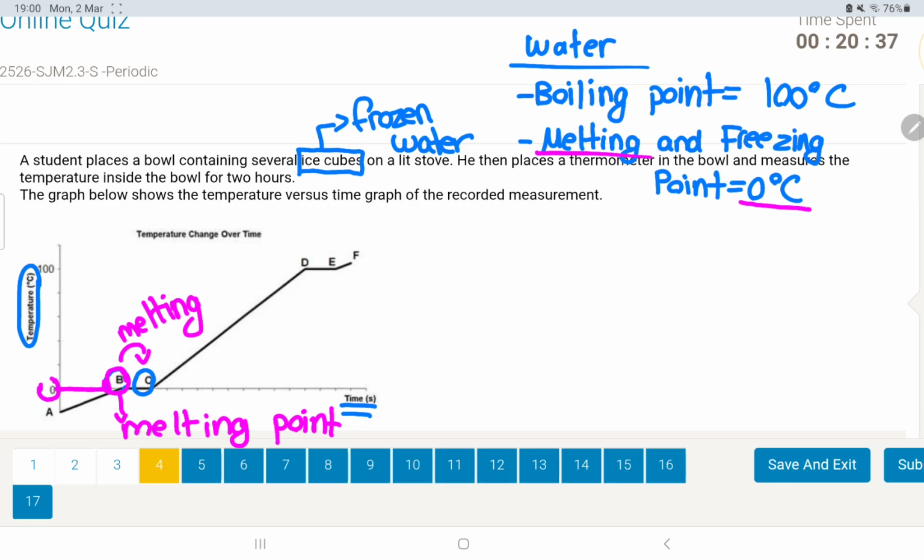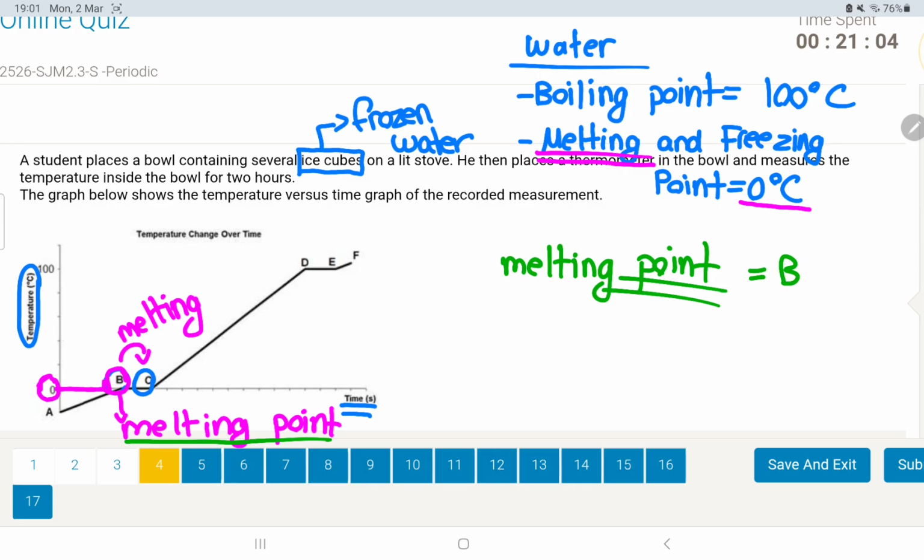And what starts at 0 degrees when time is progressing? Melting. So B alone, guys, is the melting point. Yani if they ask you what's the melting point, this would be B.